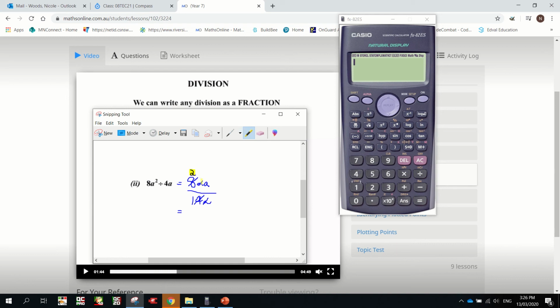We're left with a 2 and 1a, and we're left with a 1. Let's write that one down then. 2a over 1. And we said before, anything divided by 1 is itself. So that equals 2a.